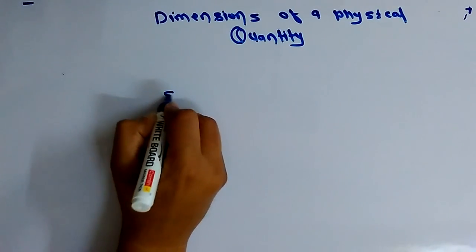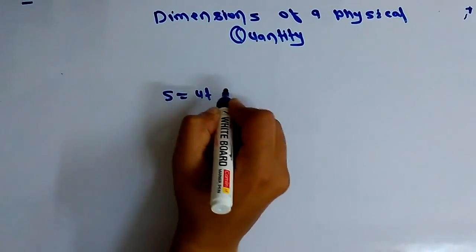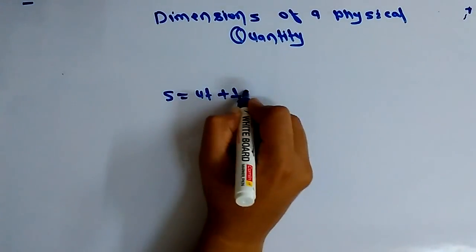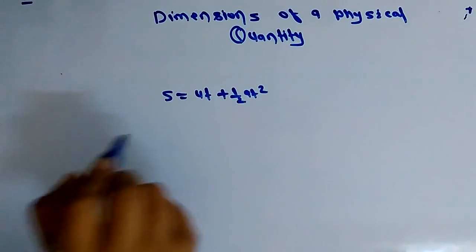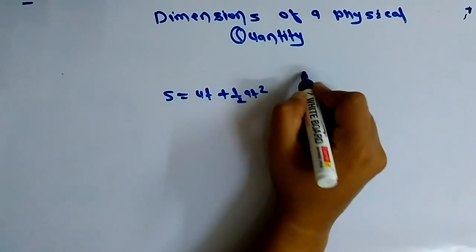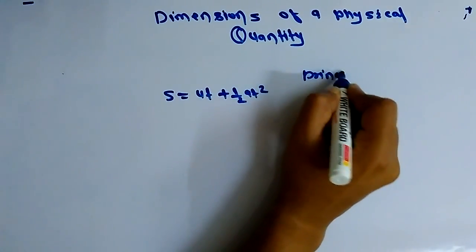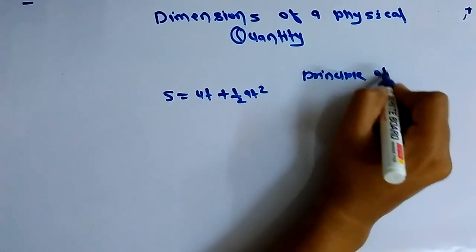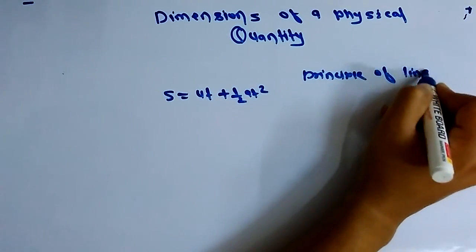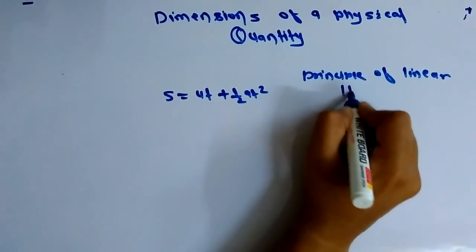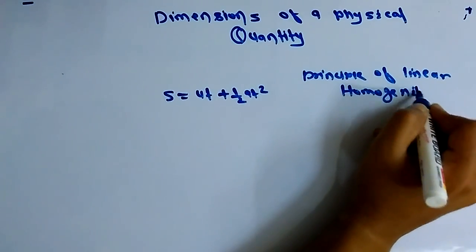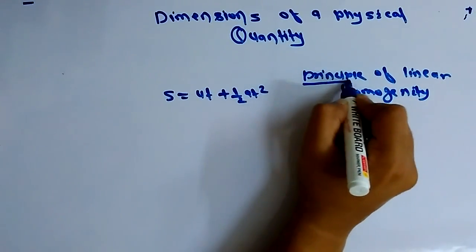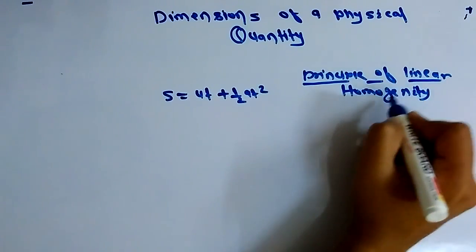Suppose I have a formula S equals ut plus half at square. About this, the principle of linear homogeneity, we are talking now.